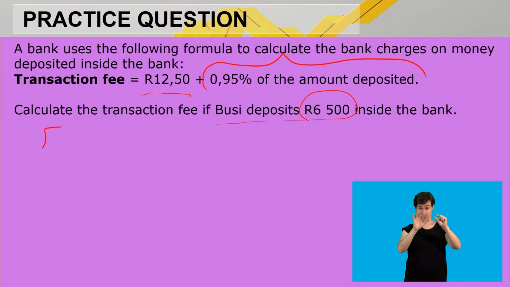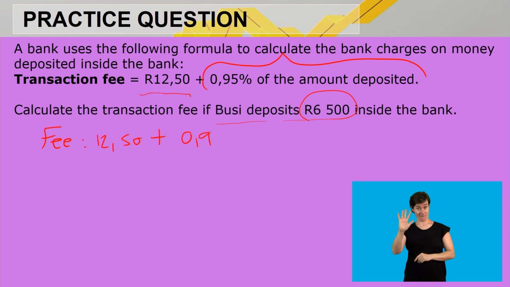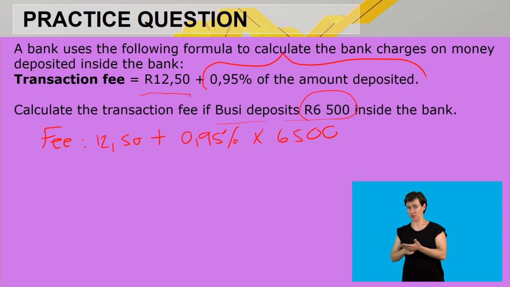It is an equation given, the transaction fee, and then we just need to go and substitute R12.50 plus 0.95% of 6,500. But now, just be careful, look out for this.